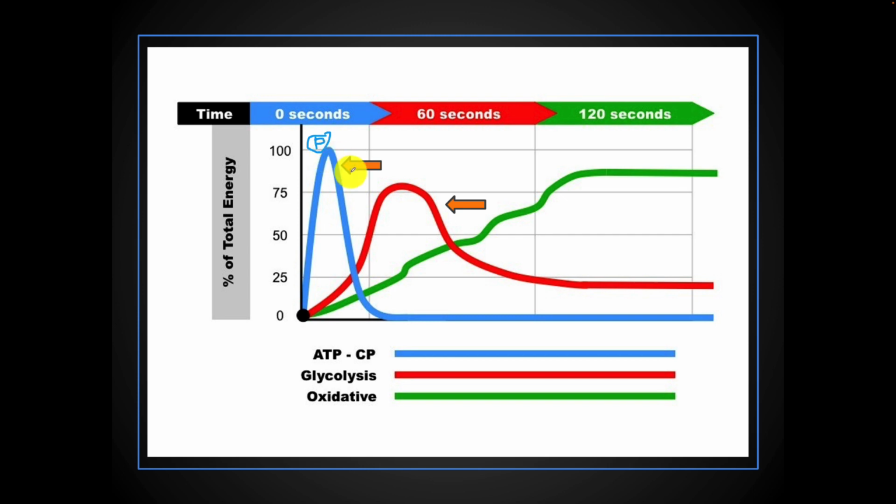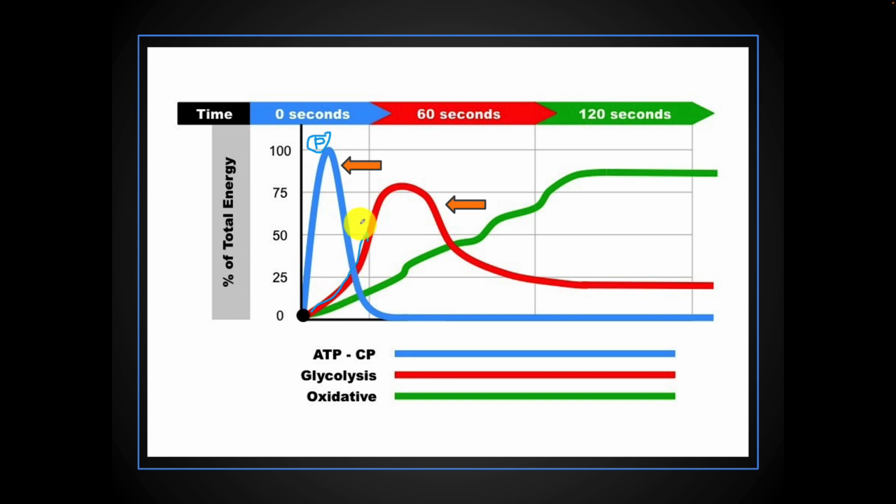Now, there's something very interesting that happens here, and I have this arrow here. You can see that once this energy system ramps up and begins to decline, at the same time this other energy system starts to rev up, and that is glycolysis.